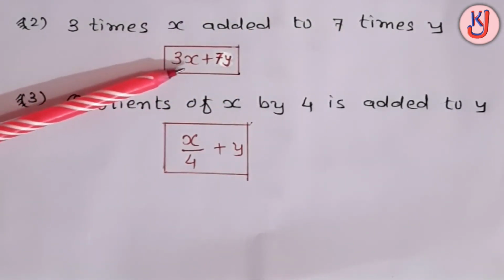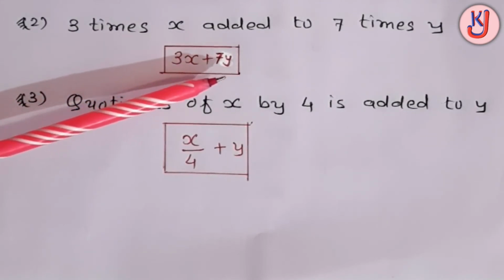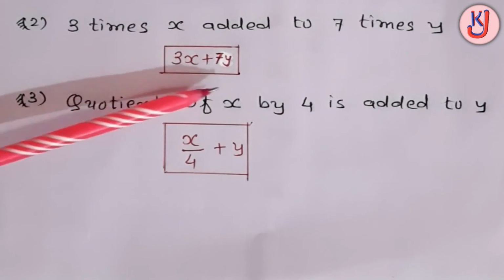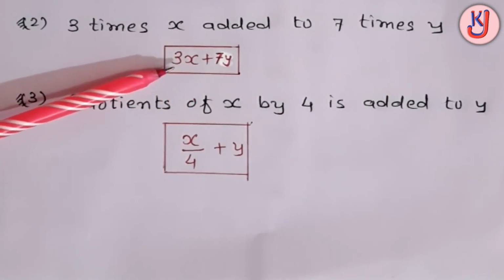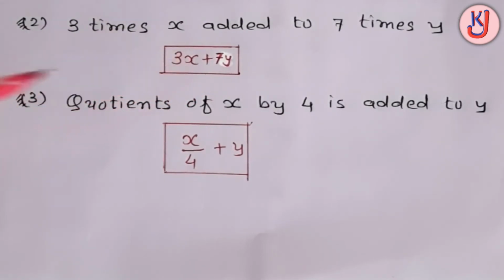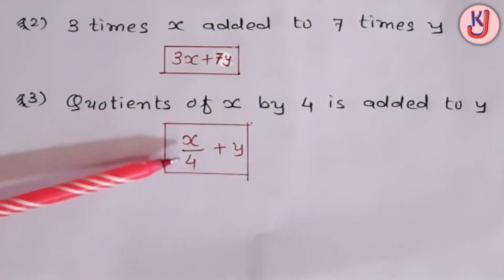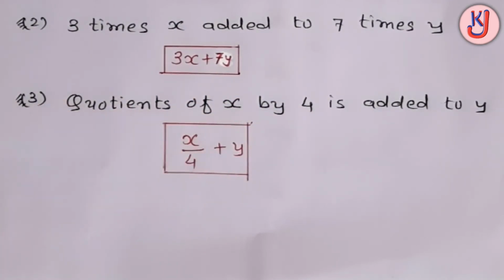It means 3x, the product of 3 and x, and the product of 7 and y, add both, so we can write 3x plus 7y. Quotient of x by 4 is added to y means x upon 4 plus y.